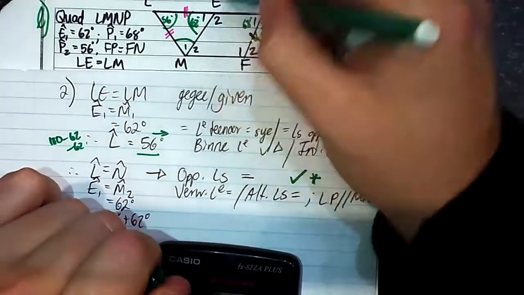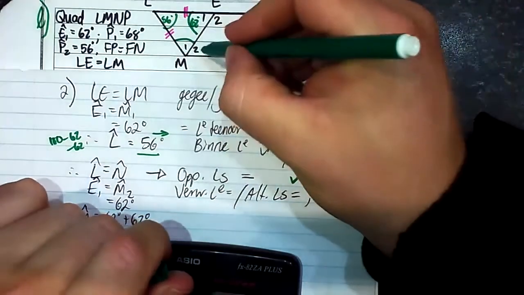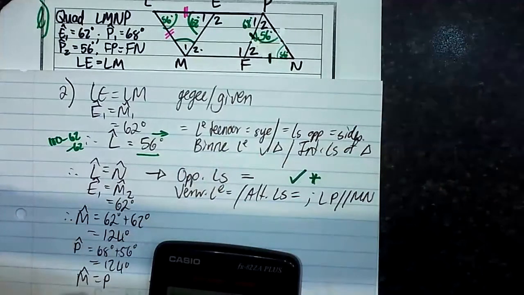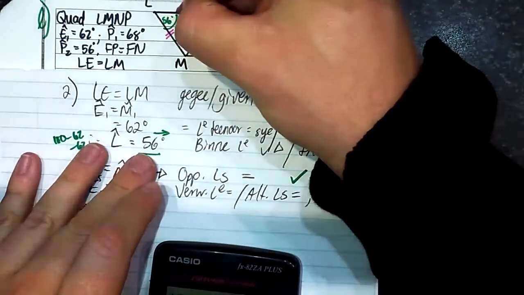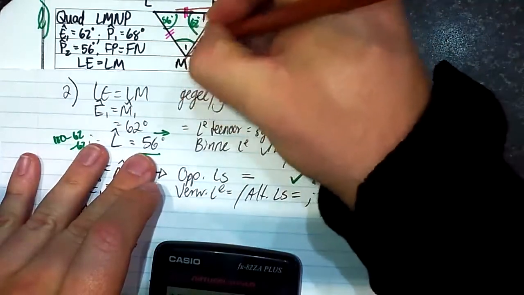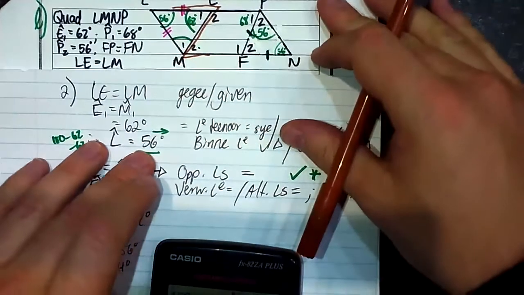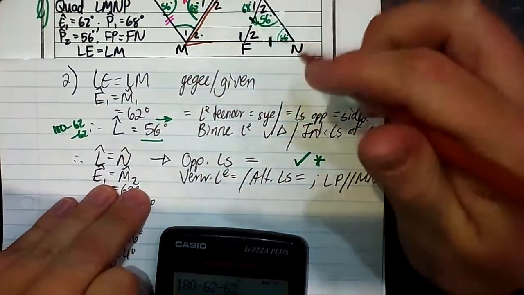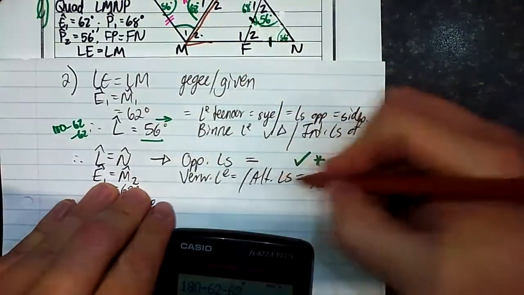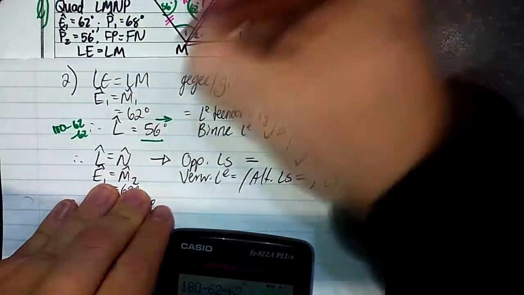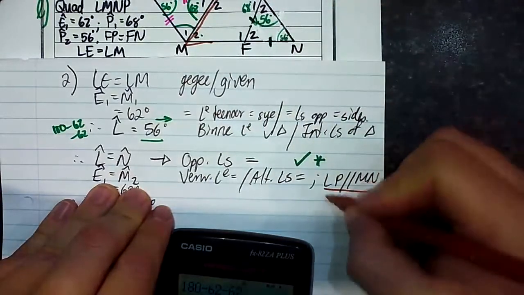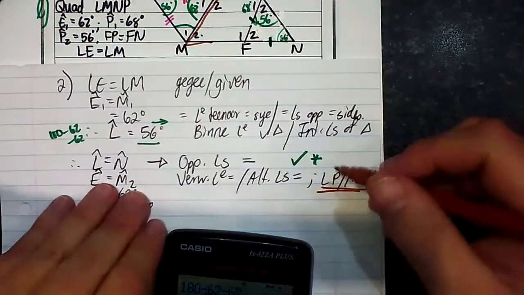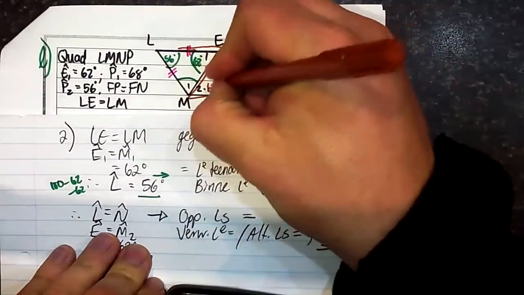Okay, so alternate angles, so let's say E1 and M2 are equal because alternate angles are equal, and we just proved that LP and MN are parallel. Very important to mention the parallel lines. All right. Okay. So they are both equal to 62 degrees.